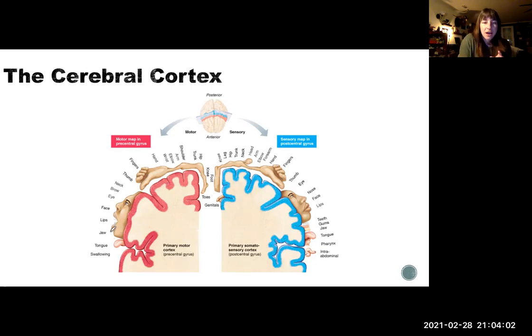So again, the face and the hands, there's a lot of very detailed little neuromuscular junctions that allow you to do very fine, detailed, complex tasks, both with your hands and with your face, right? Facial expressions, very important for visual communication. And there's just a lot going on there. So it takes up a lot of space on the cerebral cortex compared to the other parts of your body.